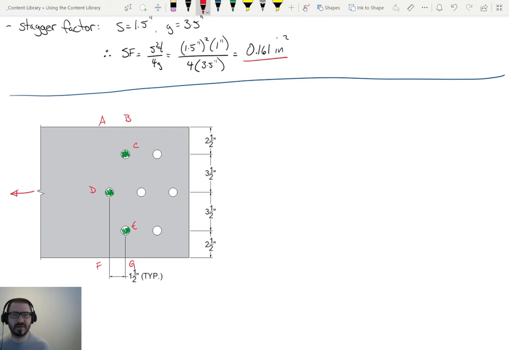I'm just using a labeling system so that when I'm discussing this on the video, we're all able to relate to the same things. On the homework assignment that you all are going to get for this, the labeling has already been placed on the tension member, just so that we can all speak the same language when we look at the solution later.